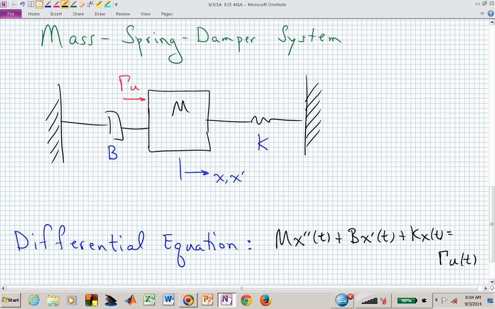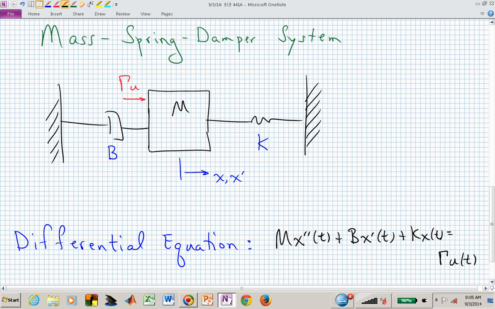But this you could derive from the free body diagram, and that's what I'm hoping you're comfortable with. But now, after doing that several different times, you can essentially write this equation down from memory.